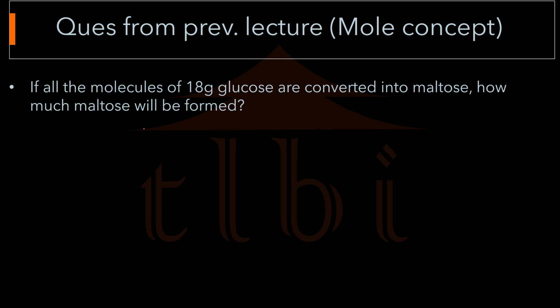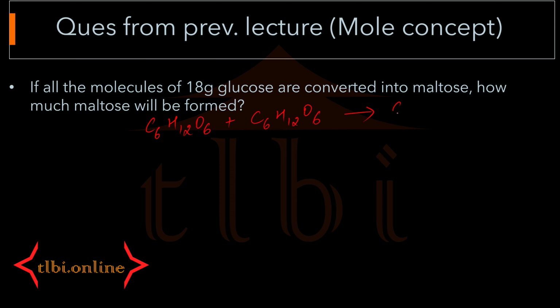The hint I have given was, this is the molecular formula of glucose. Now how does maltose form? It forms from 2 molecules of glucose, and it forms C12H22O11 and 1 molecule of water.